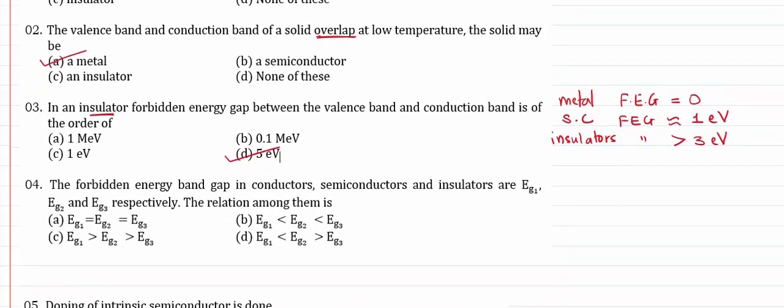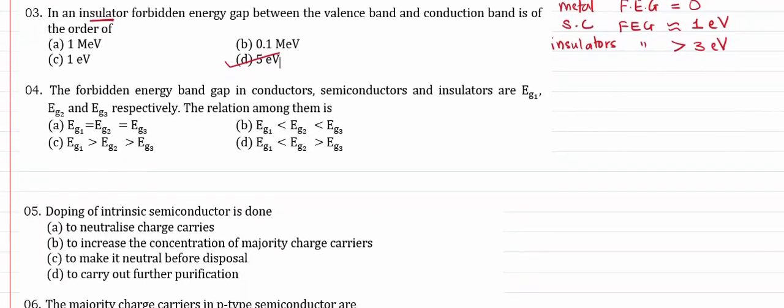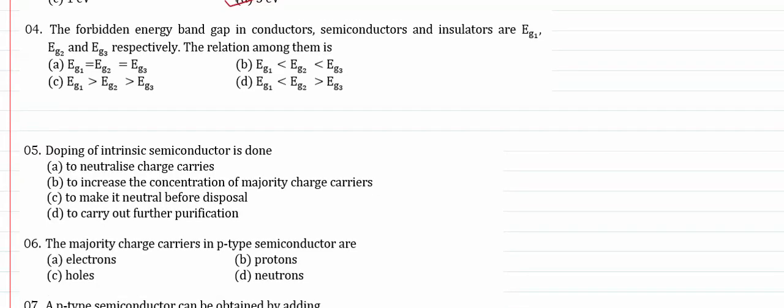Fourth one, forbidden energy gap in conductors, semiconductors and insulators are Eg1, Eg2 and Eg3 respectively. The relation among them is, so just in previous question I told, forbidden energy gap will be less in conductors and will be maximum in insulators.